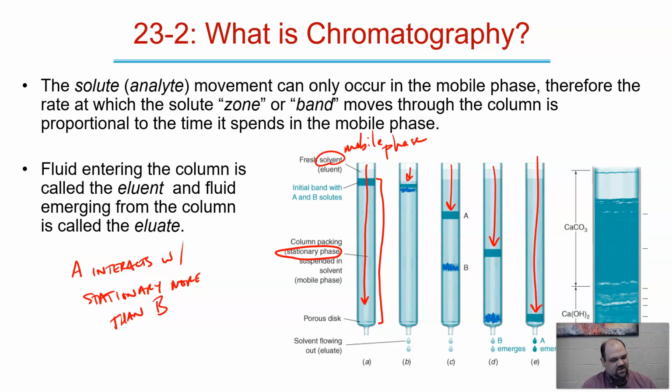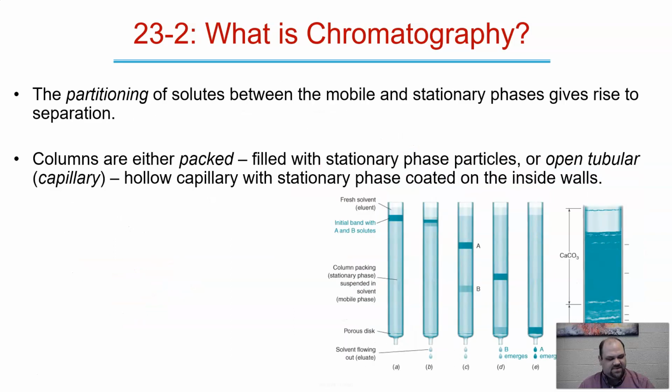He comes out real quick, whereas A takes a little bit longer to elute. Okay? Elute is the verb for coming off a column. We have this mobile phase, this solvent that we are using to push those samples through. It's called the eluent. And then the actual stuff that comes out, those droplets, are called the eluate. But the process is called elution. Okay?